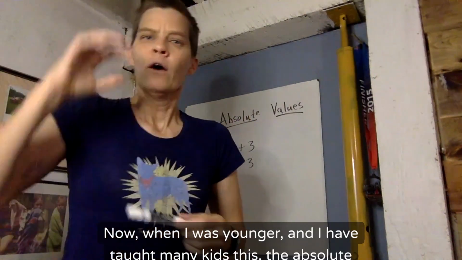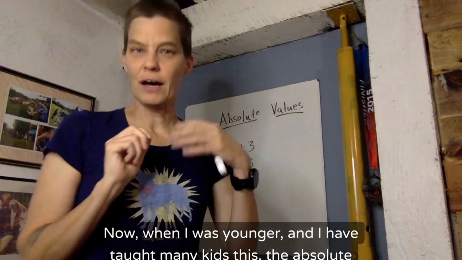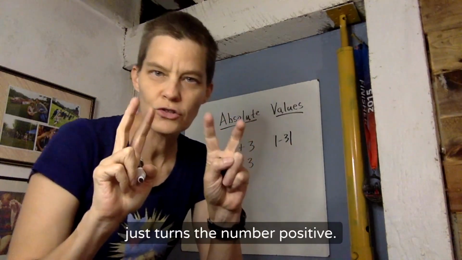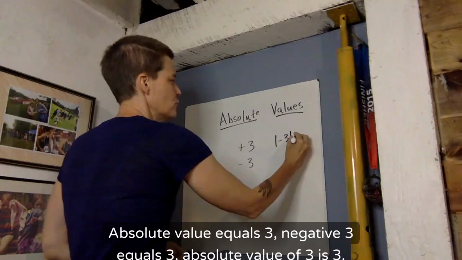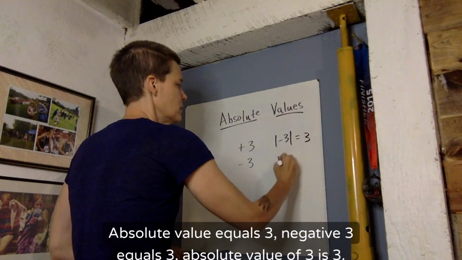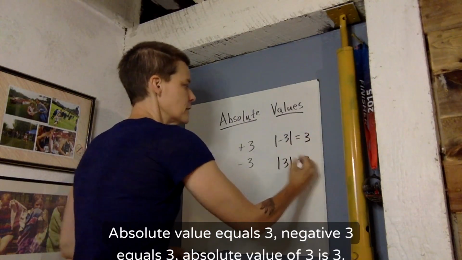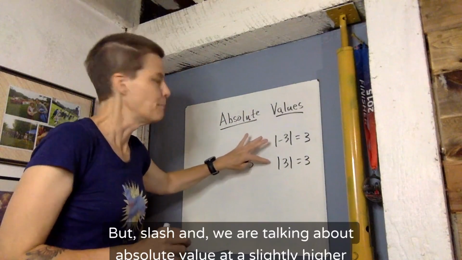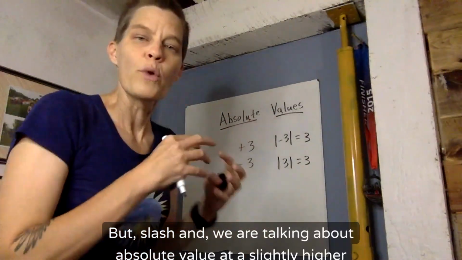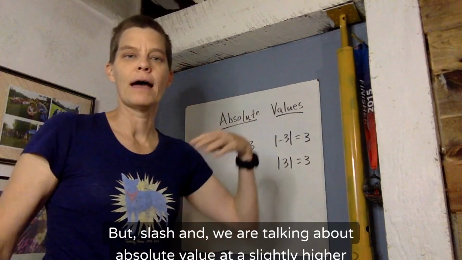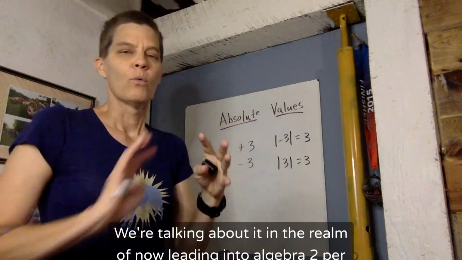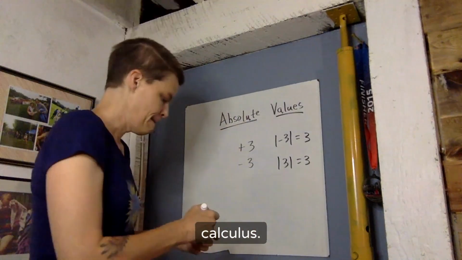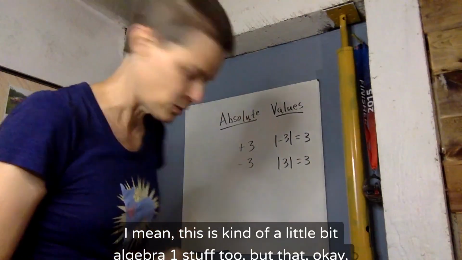Now, when I was younger, and I've taught many kids this, the absolute value symbol just turns the number positive. The absolute value of -3 equals 3, the absolute value of 3 is 3. That's correct. Okay? But we are talking about absolute value at a slightly higher level. We're talking about it in the realm of now leading into algebra 2 pre-calculus. I mean, this is kind of a little bit algebra 1 stuff too.